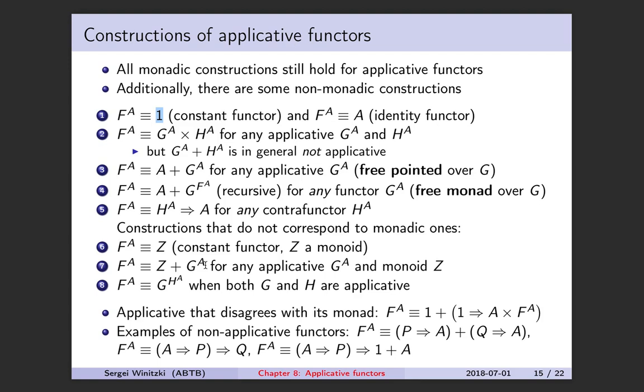The only constant functor that is a monad is this, the unit. So this is going to be not a unit, it's going to be Z plus unit. And so it's not going to be a monad. So it is impossible to have a construction like this for monads, where even if we require that G is a monad, still this is not going to be a monad for all G that are monads.